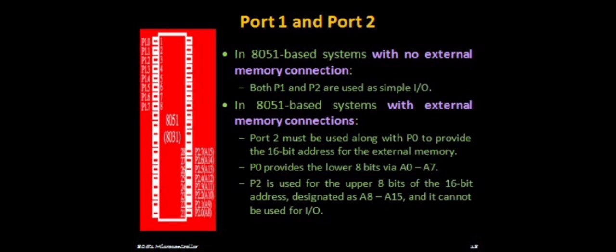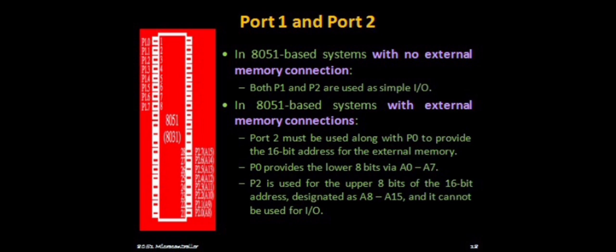Port 1 and port 2. In 8051 based systems with no external memory connection, both P1 and P2 are used as simple I/O. In 8051 based systems with external memory connections, port 0 and port 2 provide the 16-bit address for external memory. P0 provides the lower 8 bits, A0 to A7.